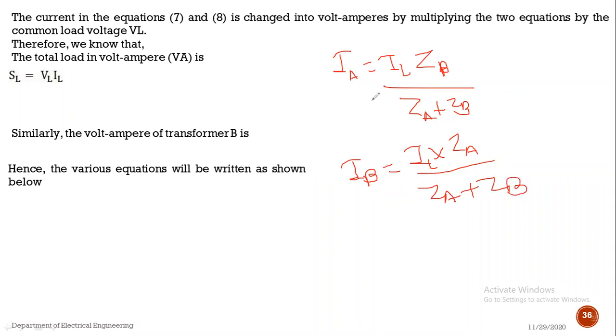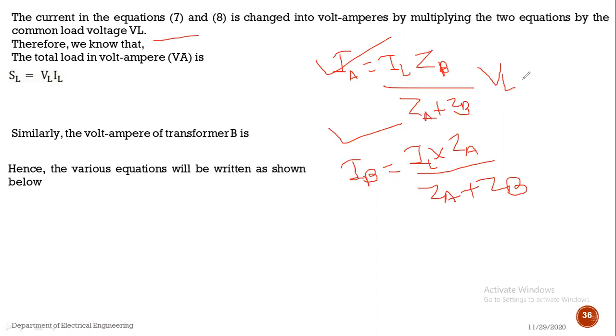Now the current equations, IA and IB, will be changed into volt-amperes by multiplying the two equations by the common load voltage VL.